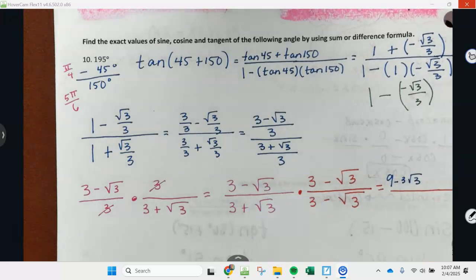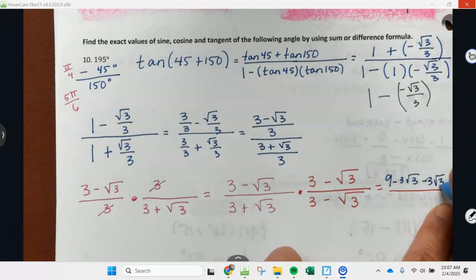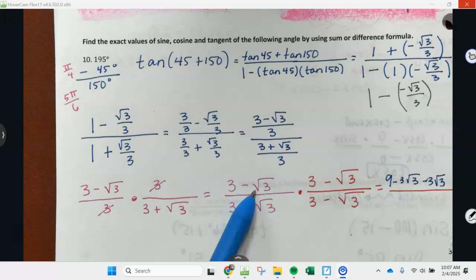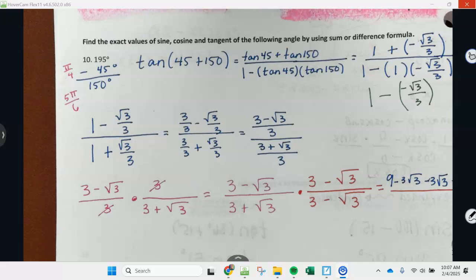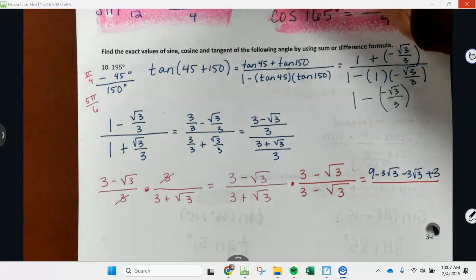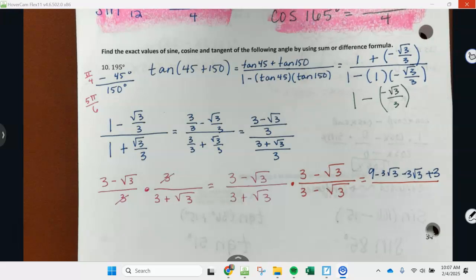Negative root 3 times 3 is negative 3 root 3. Negative root 3 times negative root 3 is a positive 3. Sorry, I have a plus 3 right there. That's the two last terms being multiplied together.